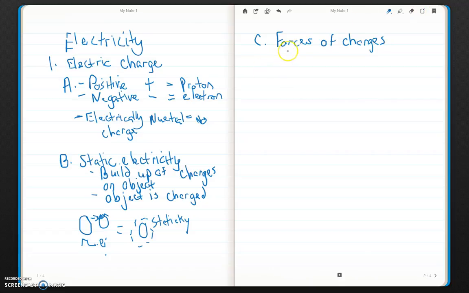Obviously we know that opposites attract, right? And like charges, whether two positive or two negatives, they repel. So either one of these means they repel.